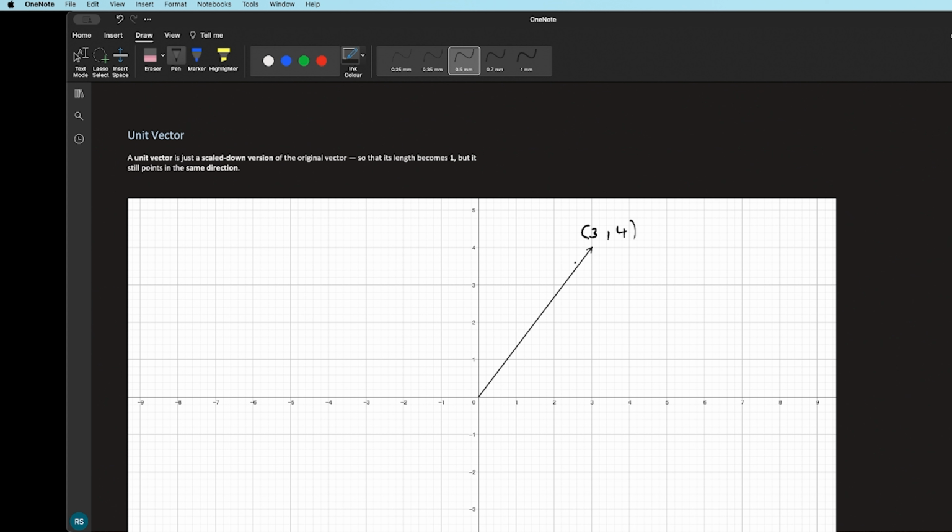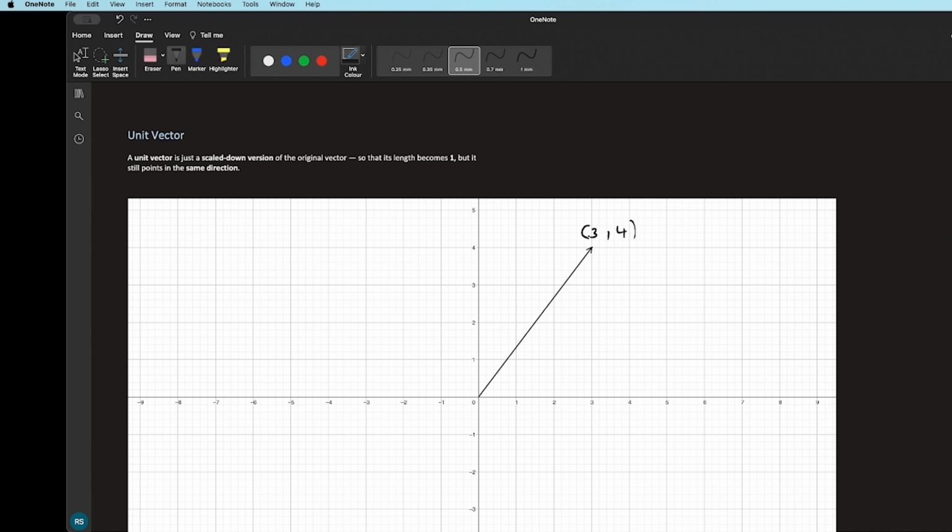Now you want to scale down this vector. How can you scale it down? Scale the vector down so that its length becomes 1.